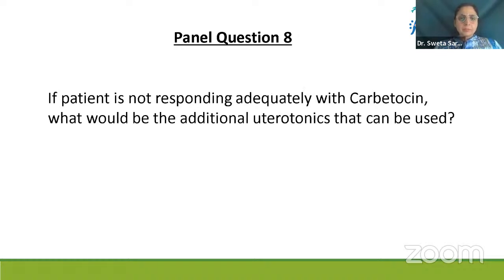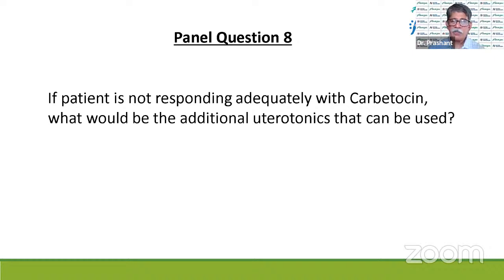If a patient is not responding adequately with carbetocin, which could happen sometimes, what additional uterotonics could we use? If I'm given the choice, I would like to use second line uterotonics like carboprost and misoprostol. Between carboprost and misoprostol, what is your choice, madam?